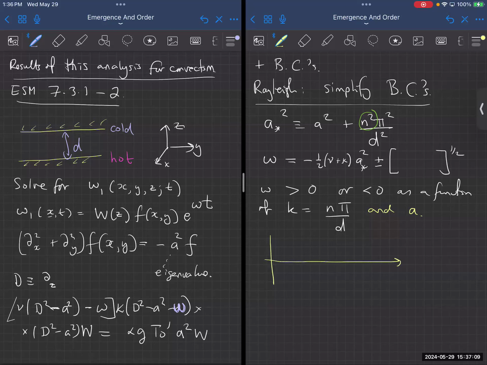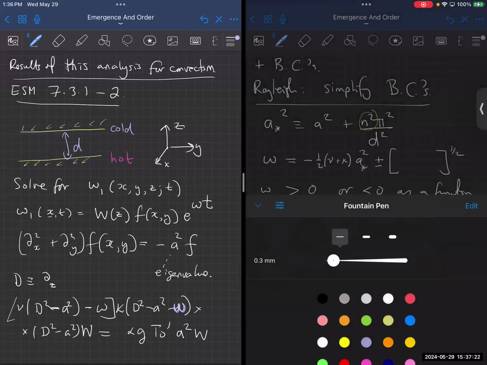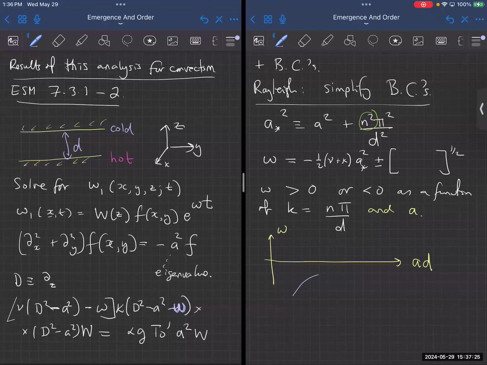As a function of the wave number in the z direction, a times d, you look at omega, and what you obtain is a series of curves that look like this.